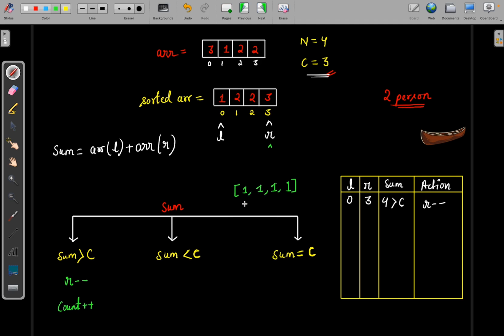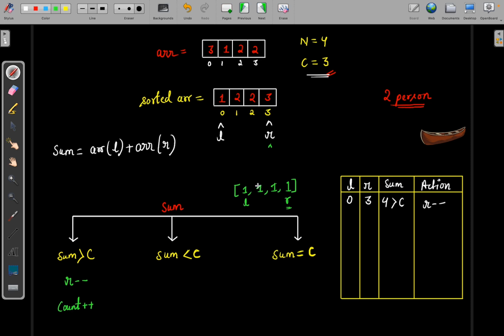And now suppose by taking the L and R pointers, the weight is 2 only, which is less than the capacity. So you are already at the maximum, right? You have an R pointer that has the maximum weight, and the L pointer that has the lowest weight. So by just collecting 2, you are still less, right? Still the weight is less than the capacity.